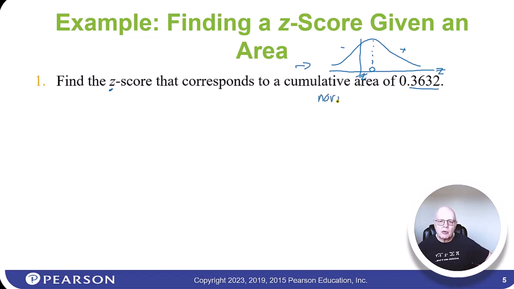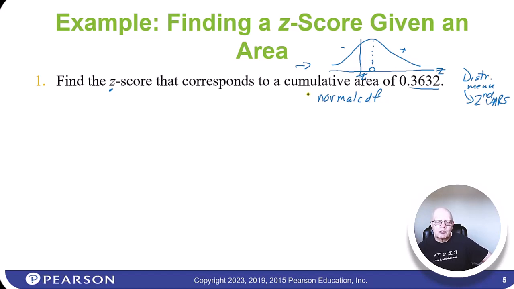So you'll probably remember we were using normal CDF on the distribution menu, which you can get to by going second vars. Now, we're not doing that. We're going the opposite direction.